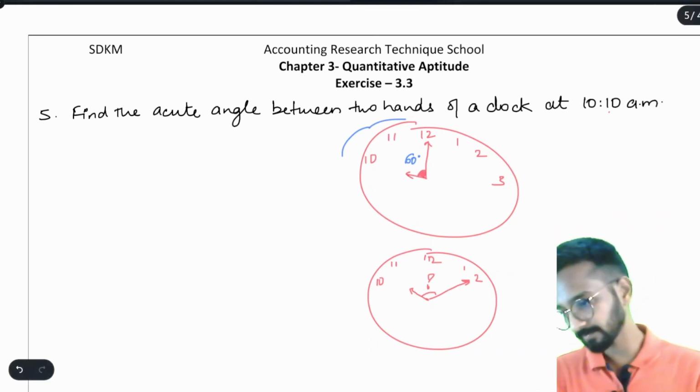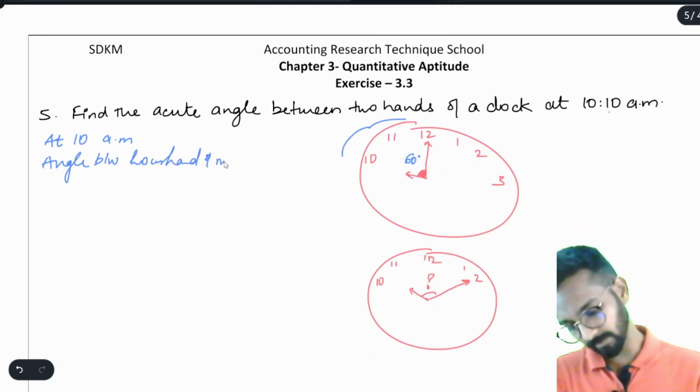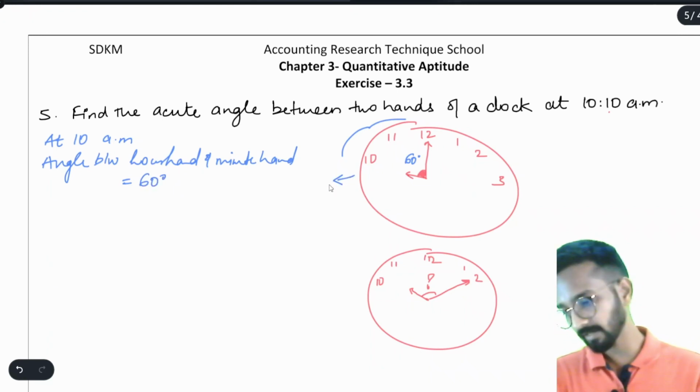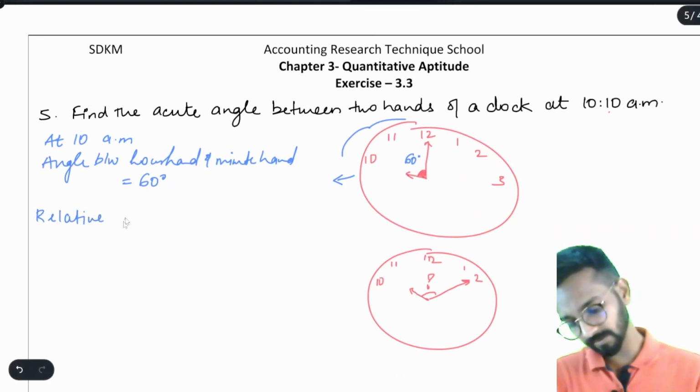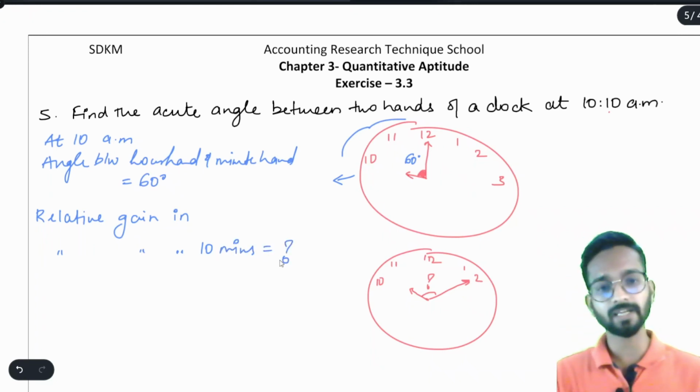So, I will write here: at 10 am, the angle between hour hand and minute hand is equal to 60 degrees. This is what we have written, and after 10 minutes we have to find the relative gain in 10 minutes, correct? How will we find it?